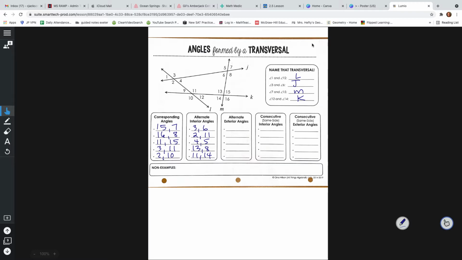Okay, great. All right, alternate exterior. So let's look at transversal L. Only transversal L for the first set. So over here is irrelevant.